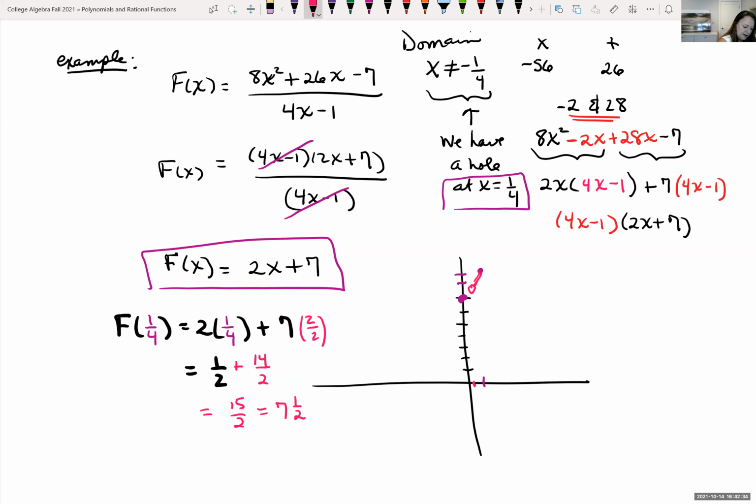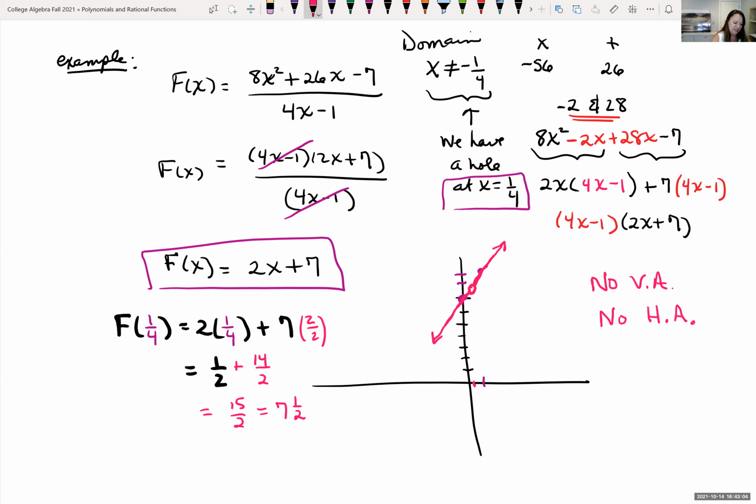And so we have our line. It looks like this, with this open circle at that point. So this one has no vertical asymptotes. It has no horizontal asymptotes because the degree of the numerator is larger than the denominator.